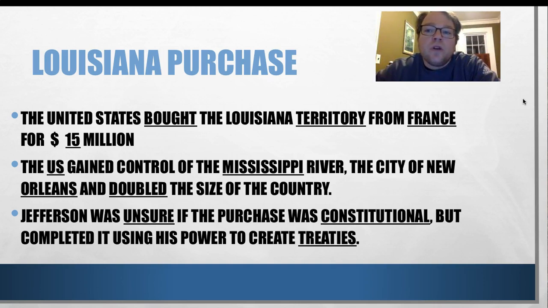The city of New Orleans for about the next 30 years or so is going to be the most important trade city in America until New York City eclipses it with the building of the Erie Canal. But until then, all American goods are going to make their way through the city of New Orleans in some way, shape, or form.